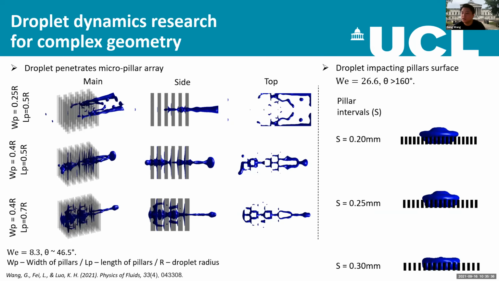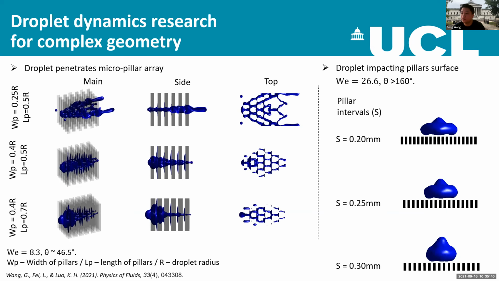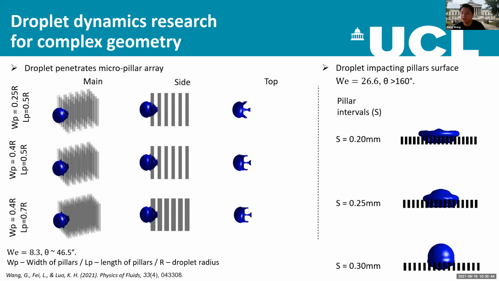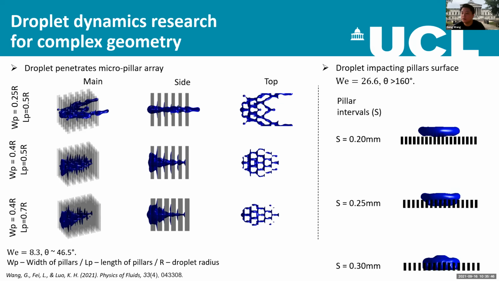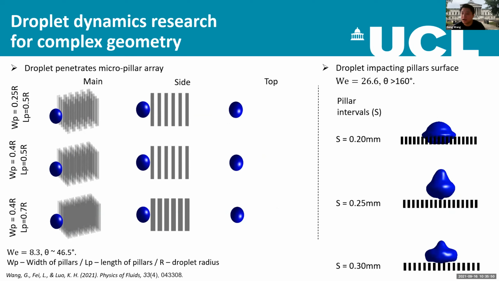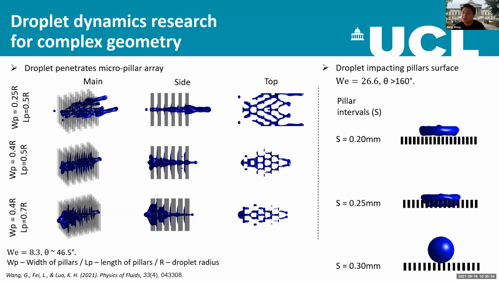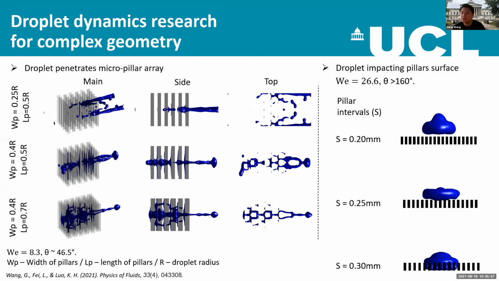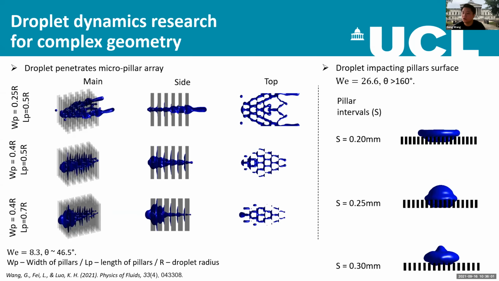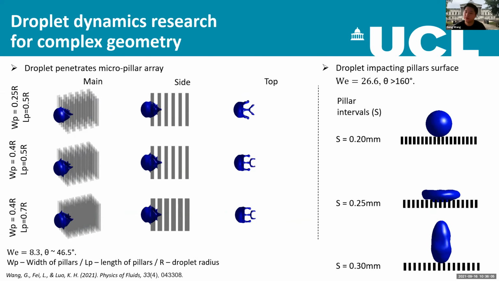Thus, the top part is still spreading or retracting when the bottom part is fully retracted and bounces off from the pillar surface. The numerical simulation gave a detailed insight into the reason for the droplet pancake bouncing. The cases here also demonstrate the power of the ULBM in simulating various droplet dynamics when impacting complex geometry.